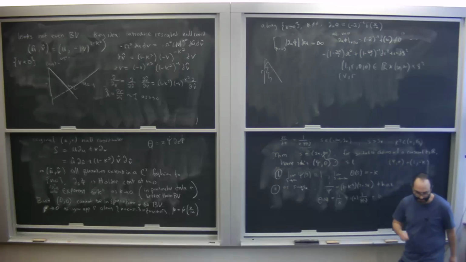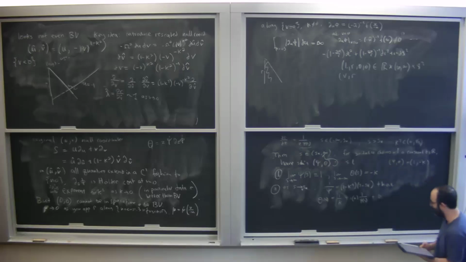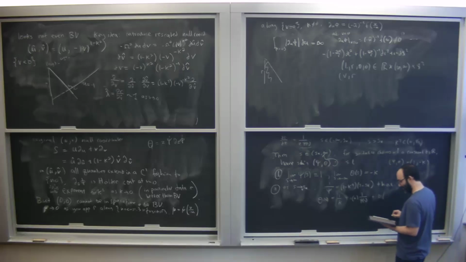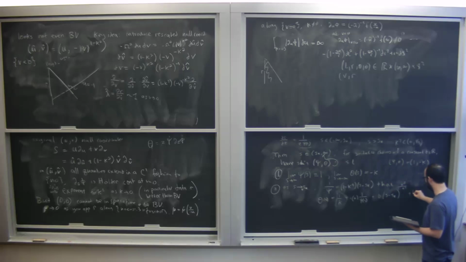So you have this constant b, and the next term is something like s minus s star. We sort of saw this on the other side, and then I'll say plus higher order terms. So this is sort of a funny thing. Is this bigger than 1?